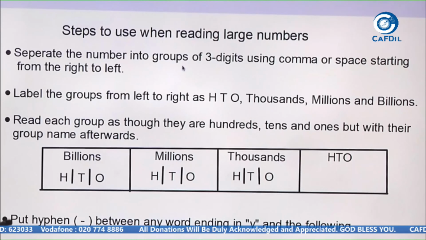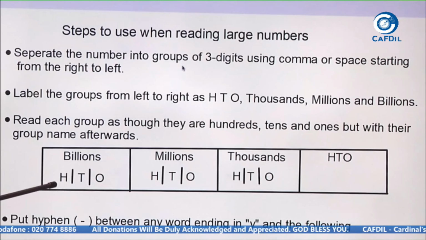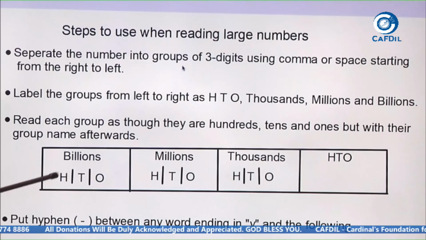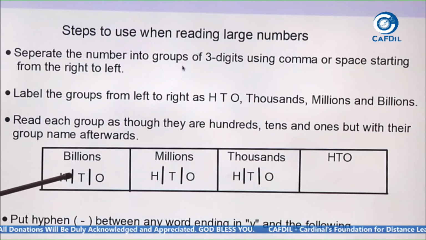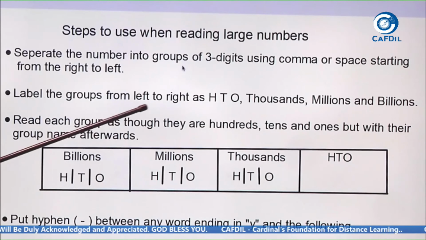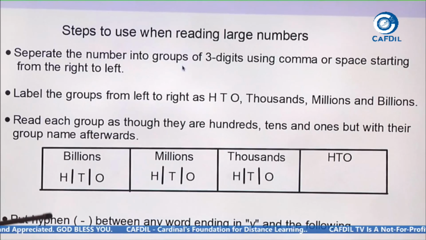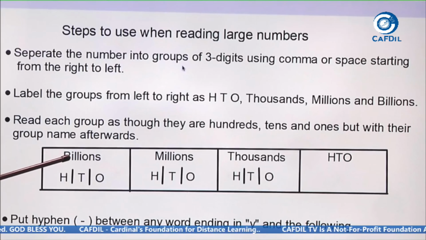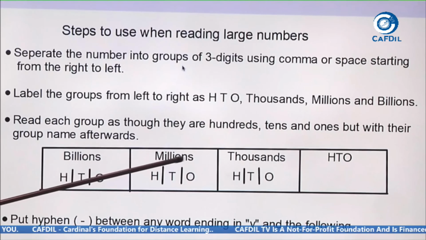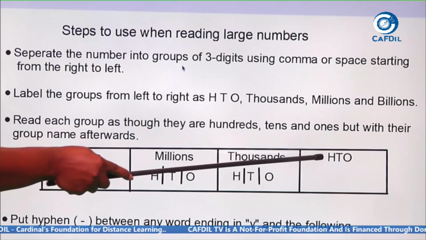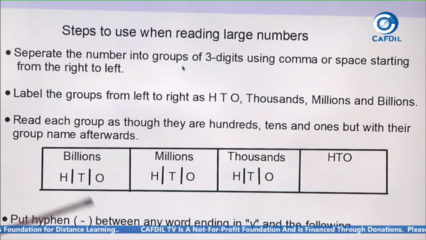When we are reading, we have to read each group as though they are hundreds, tens, and then ones with the group names afterwards. The group names are here: billions, millions, thousands, and then the hundreds, tens, and ones.